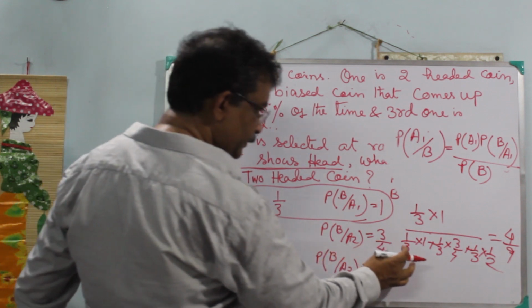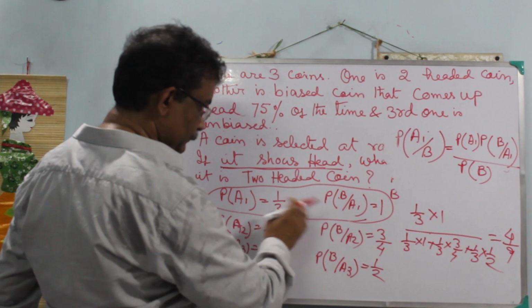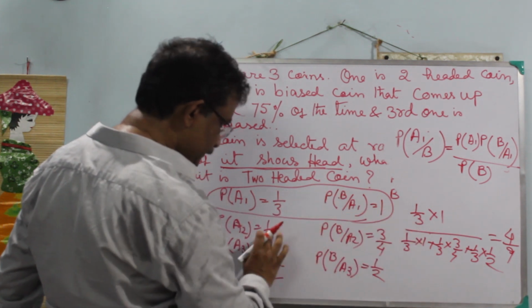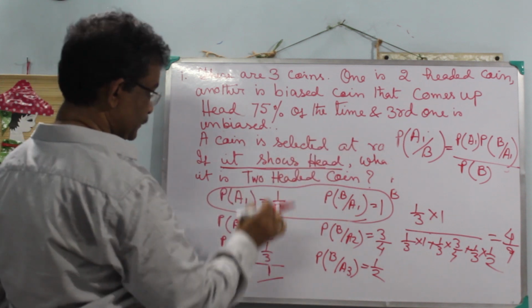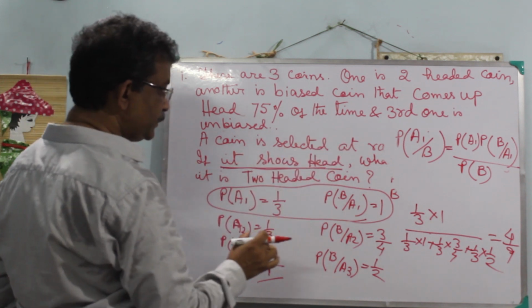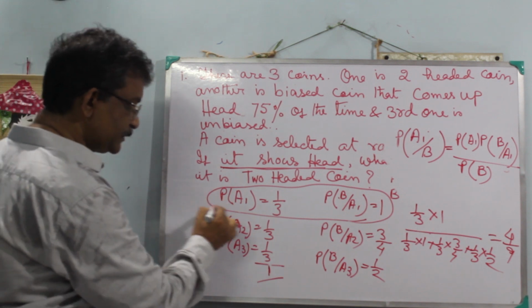Then in the denominator, you multiply this into this, plus this into this, plus this into this. And in the numerator, what is asked? What is the probability that it was double-headed? It was two-headed. So the two-headed branch is this one.